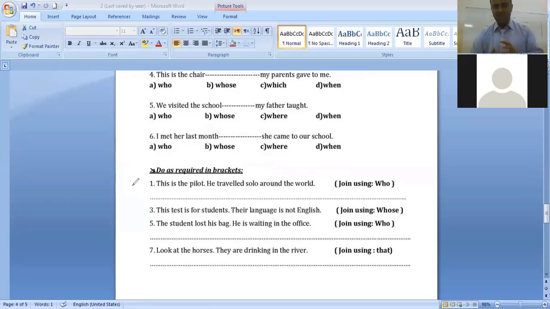The first sentence: this is the pilot. The second one: he traveled solo around the world. Now we want to join these two sentences to make only one sentence using who. Who can help me?